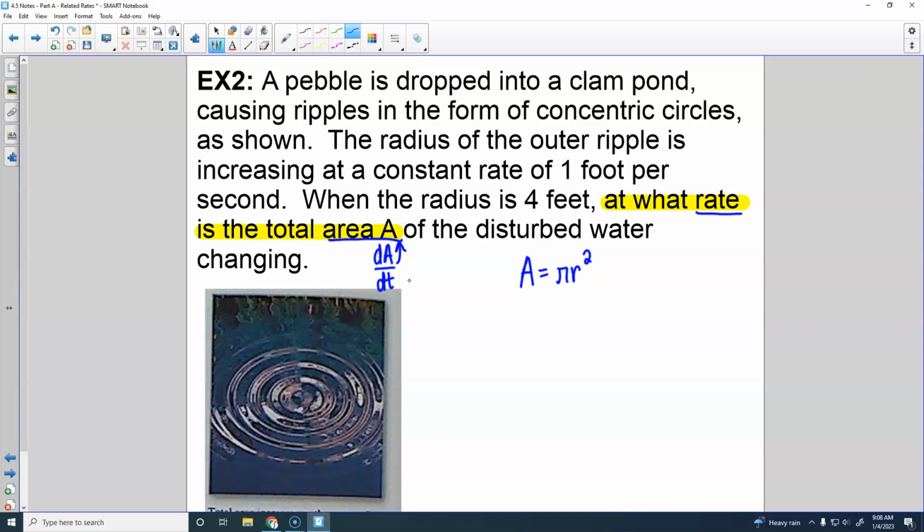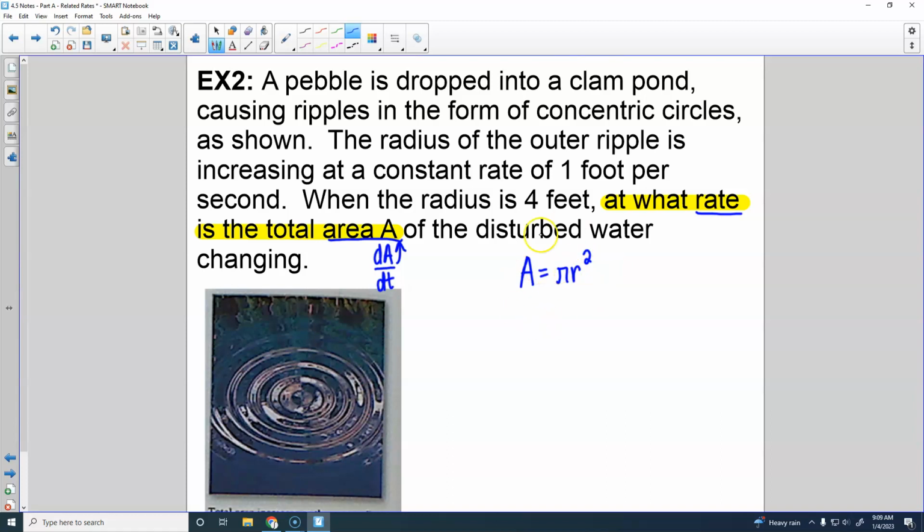If we're trying to find dA/dt, that means we need to take the derivative of the area formula, right? Now, the area formula only has one other variable in it. We have some information about our radius. In some of the other problems we needed to get it all in terms of one variable because we had length and width, but we only have one variable here.